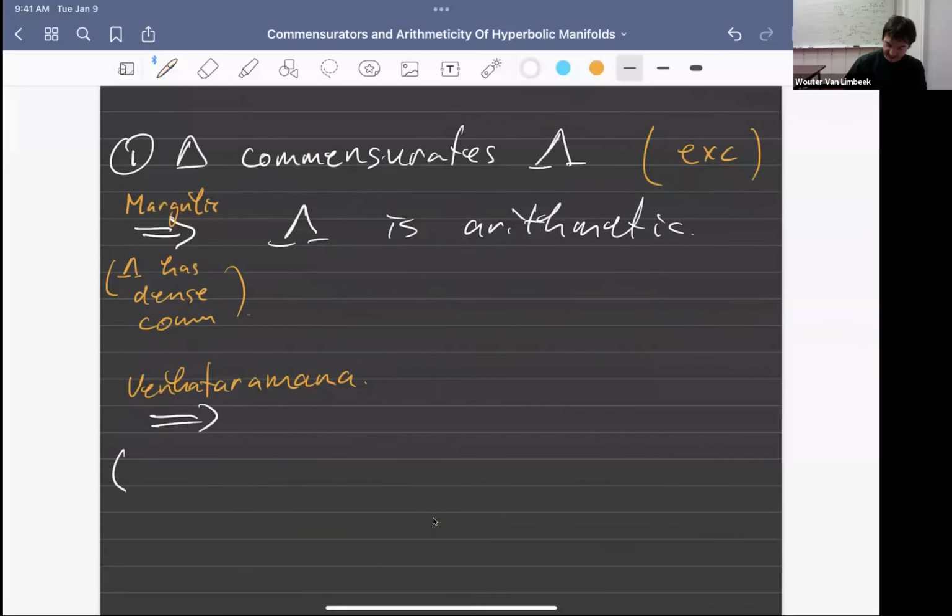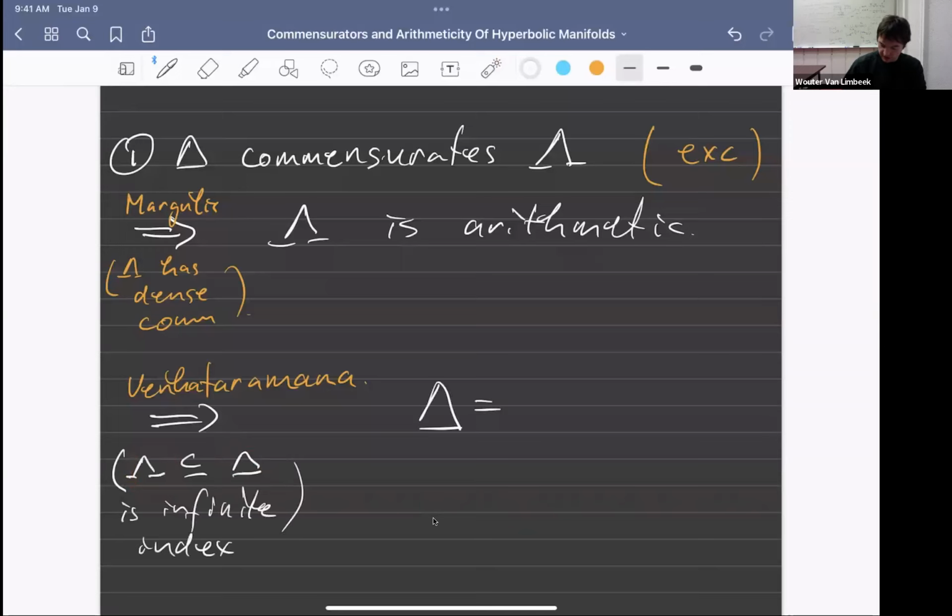He proved that if you have a supergroup of a lattice, so any subgroup of G which contains an arithmetic lattice with infinite index, then you actually know what delta is. So delta is what is called S-arithmetic.